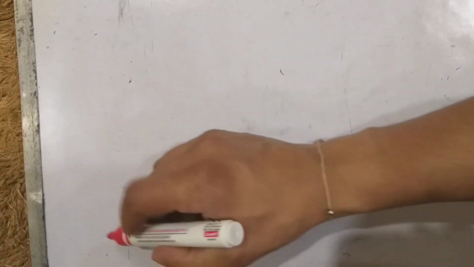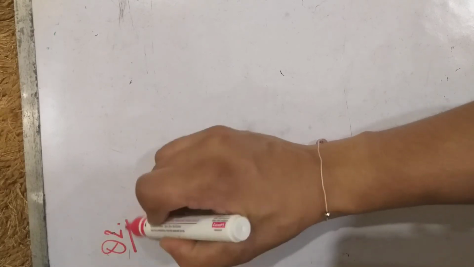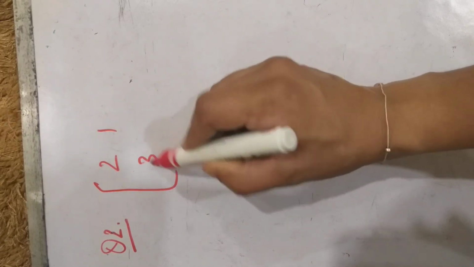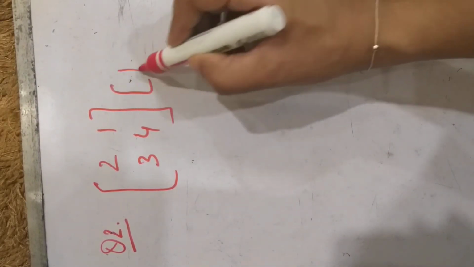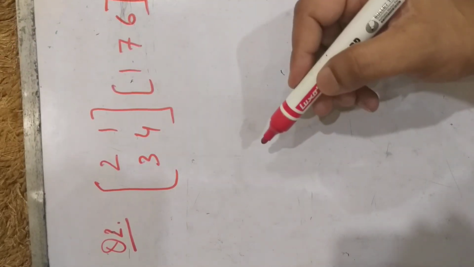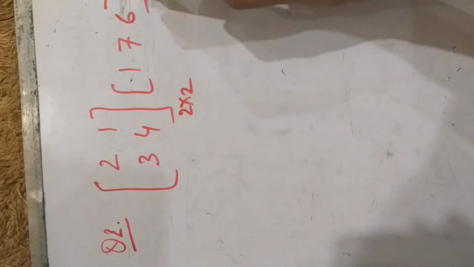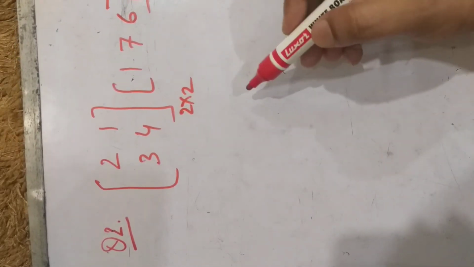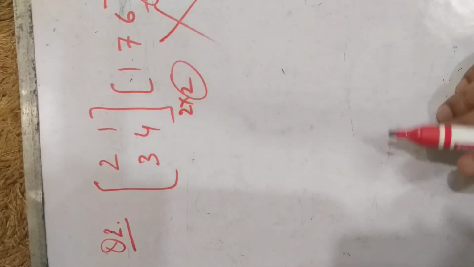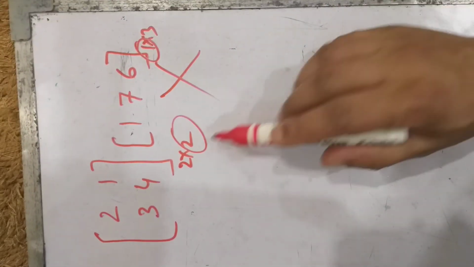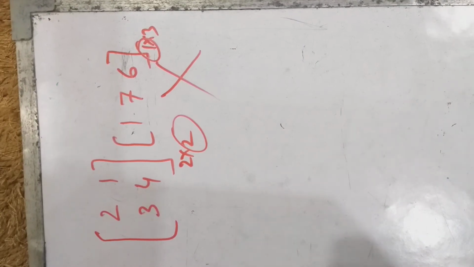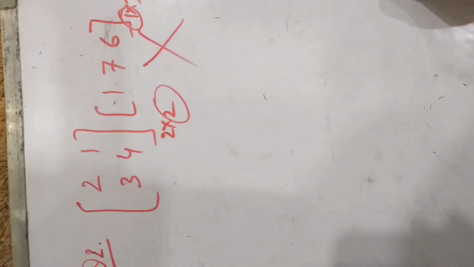See, if I have question number 2, 2 1 3 4, if I multiply with 1 7 6, then obviously it is 2 cross 2 and it is 1 cross 3. Column is not equal to row, so multiplication is not possible. That is why we cannot multiply.